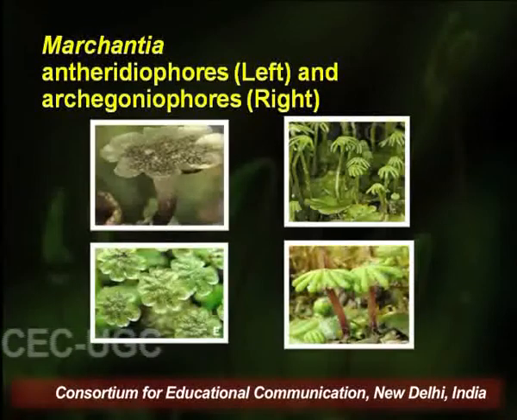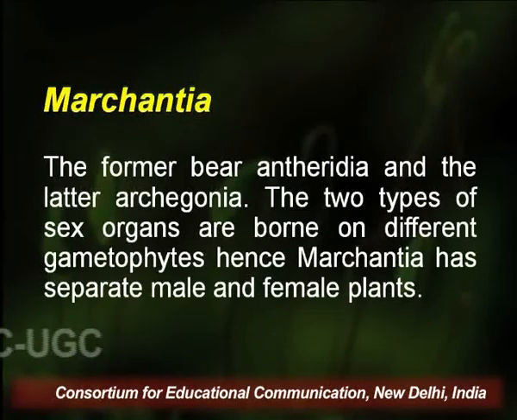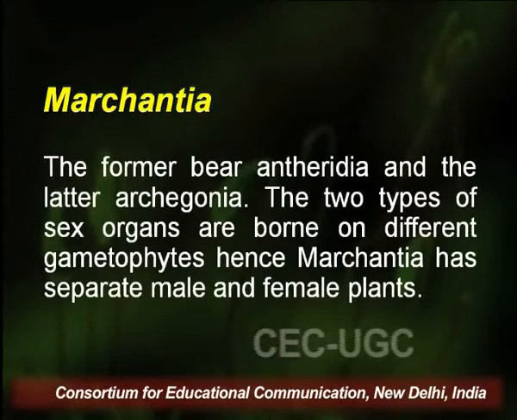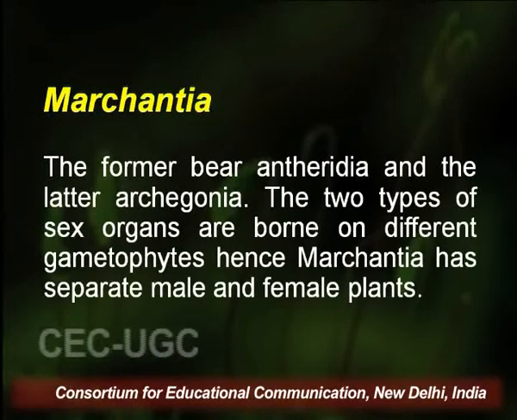In case of Marchantia, the thallus has two distinct structures. One is called antheridiophores, which is shown on the left side of the screen, and archegoniophores, which is shown on the right side of the screen. The antheridiophore bears antheridia, and the archegoniophore bears archegonia.